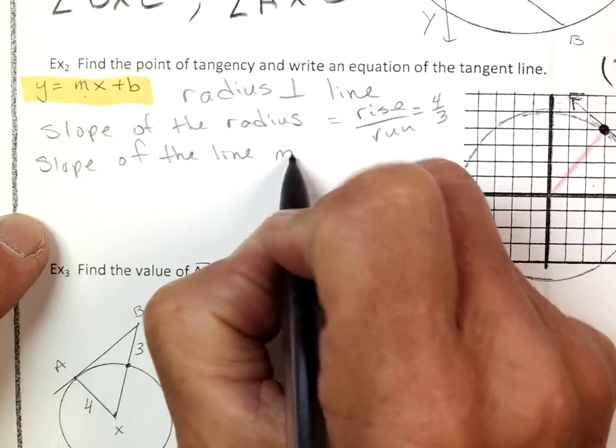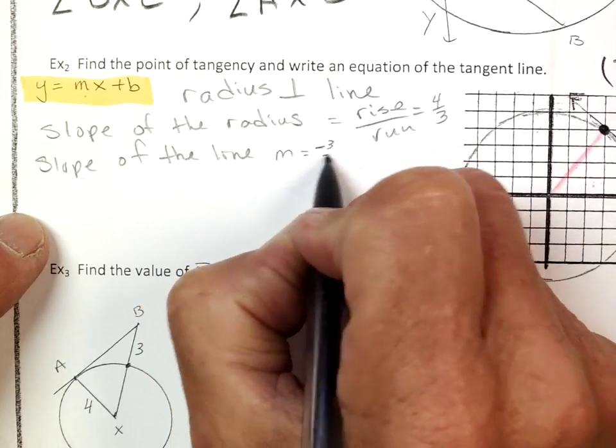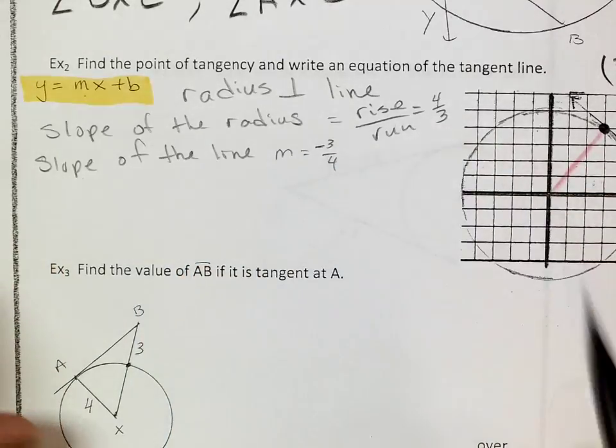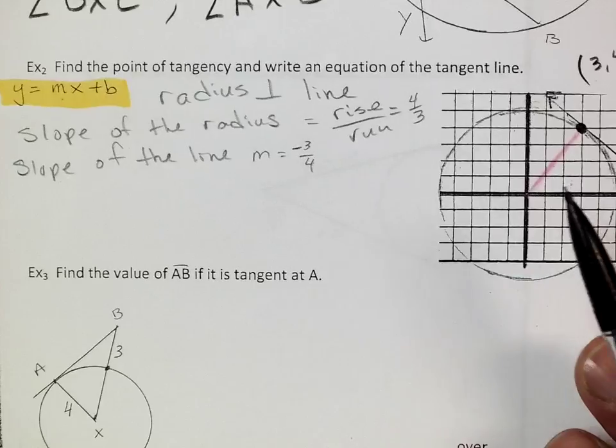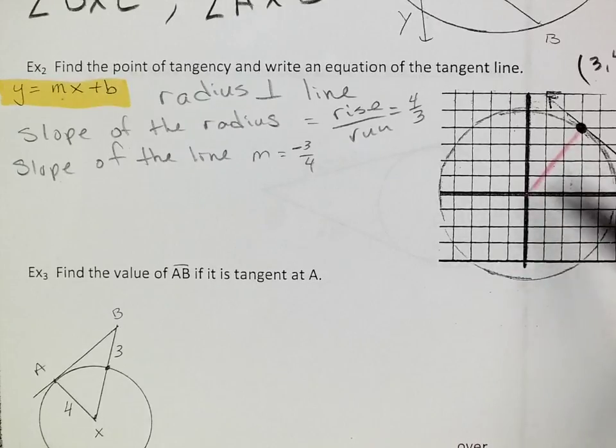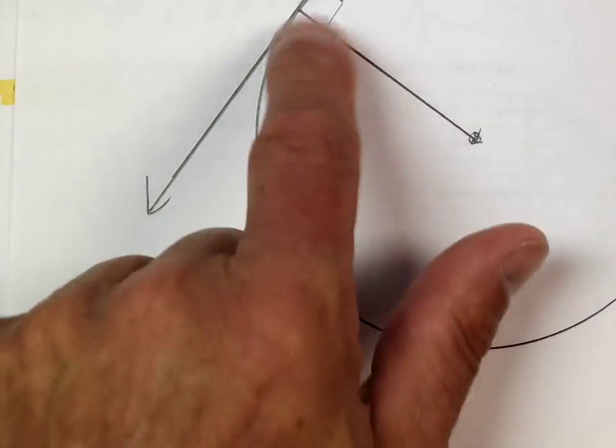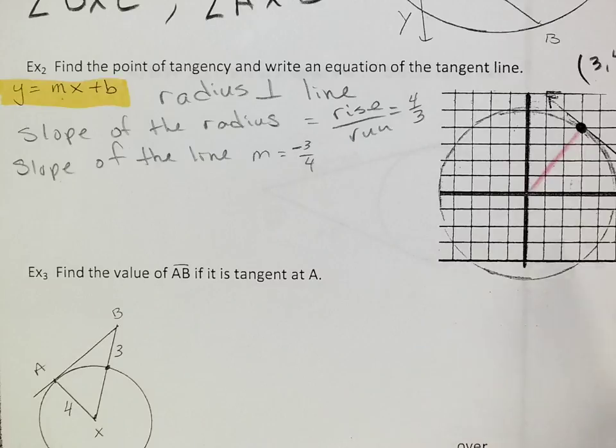So the slope we need is negative 3/4 because if they're perpendicular, they have opposite slopes, right? So far, so good. Let me back up real quickly. I knew that they were perpendicular, 90 degrees, so I knew the slope of this was the opposite slope of that. Okay, am I good so far?